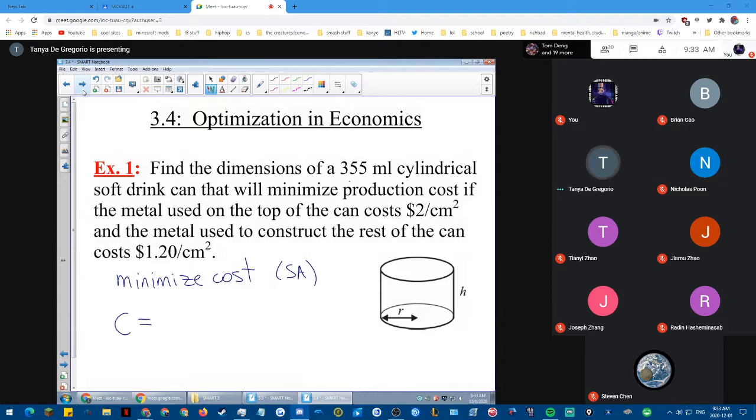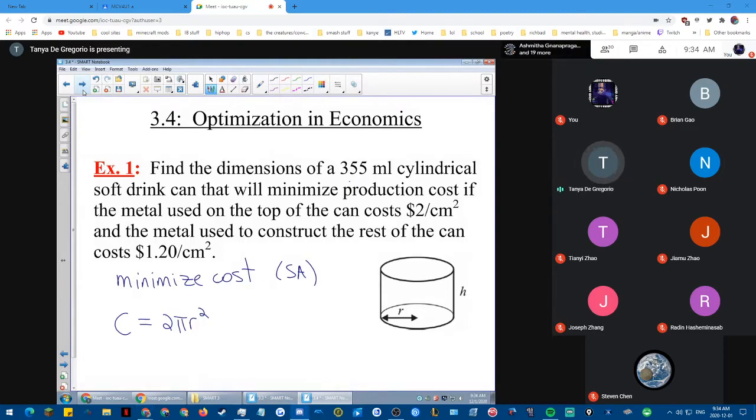First of all, I have a bottom and a top. They're circles, so the area of a circle is pi r squared, and I've got two of them. So it's 2 pi r squared. That is the surface area.